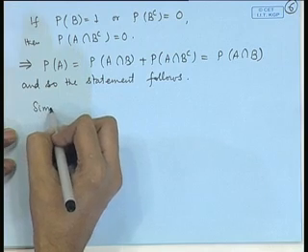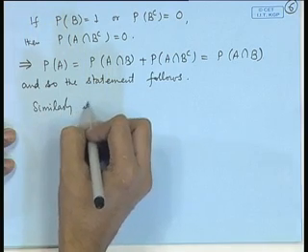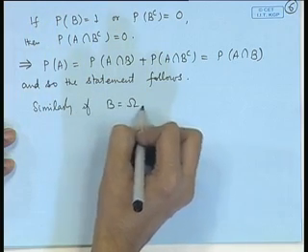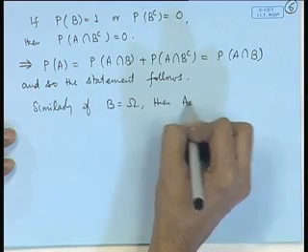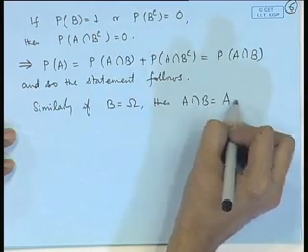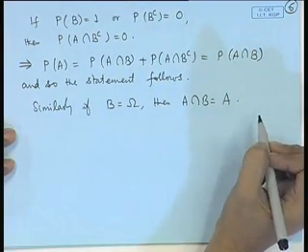Similarly, if we are saying that B is omega, then A intersection B is simply A, and the statement is true.